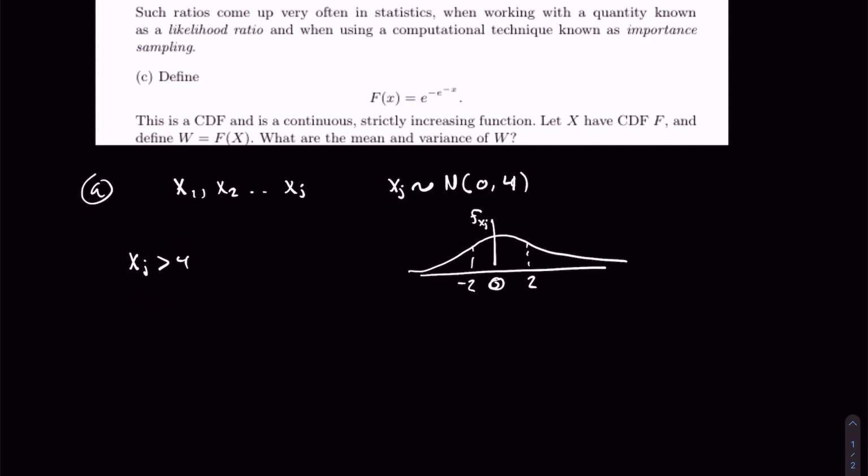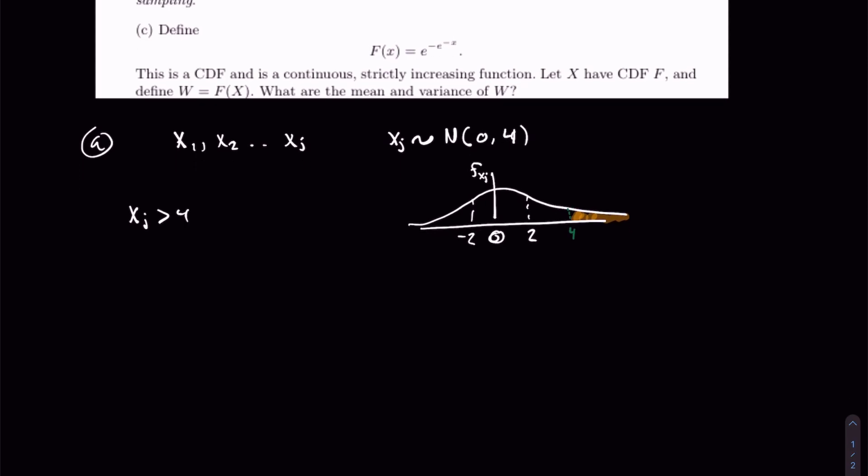So what we're looking for is when the random variable exceeds this region. So we want this region. We're looking for the probability of that region there. All right, now we have a better understanding of what it means for xj to be larger than 4.